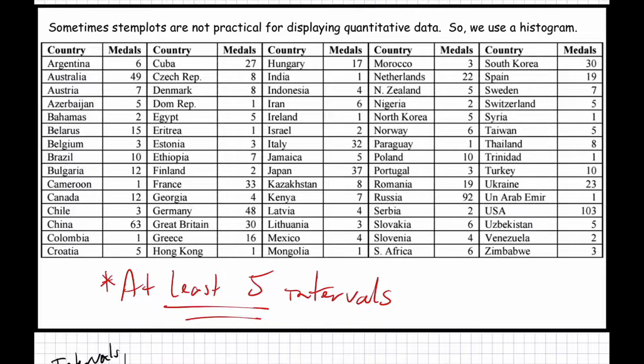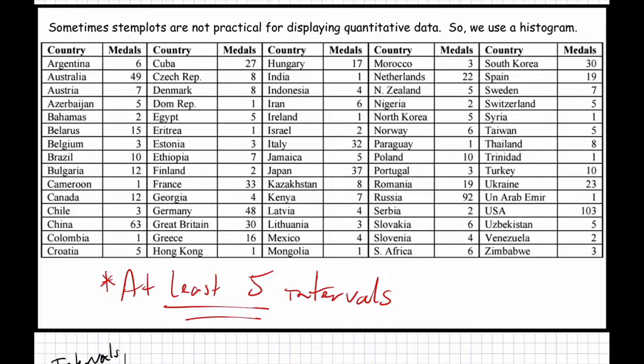So 21 to, if we have 20, what's the next one going to be? 40. And then 41 to 60, 61 to 80. What's the next one? 81 to 100.